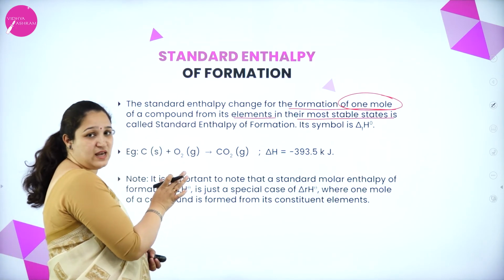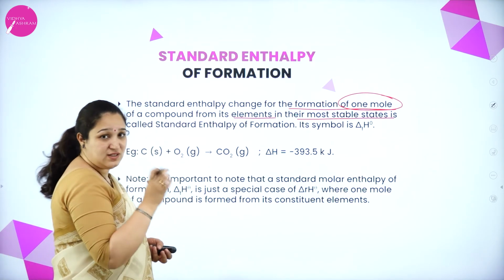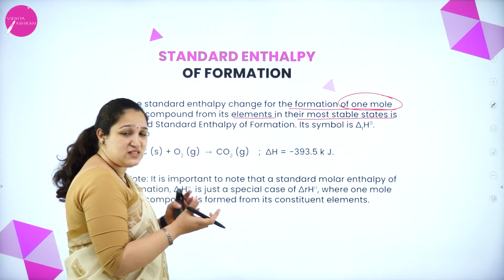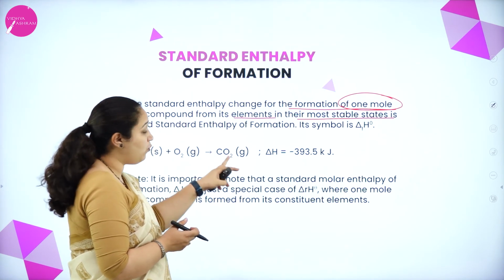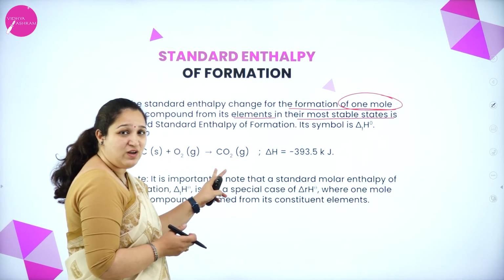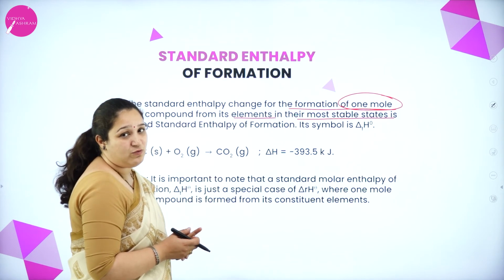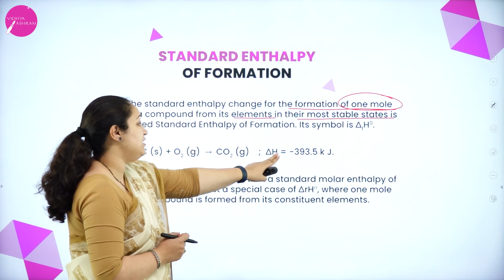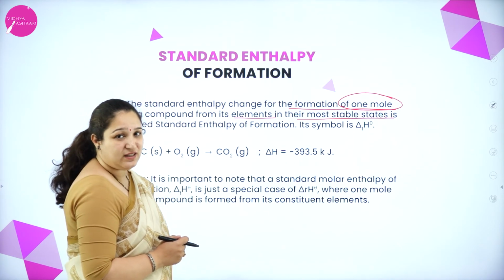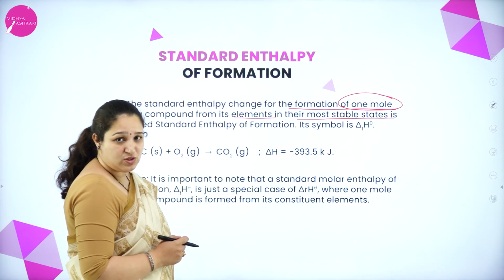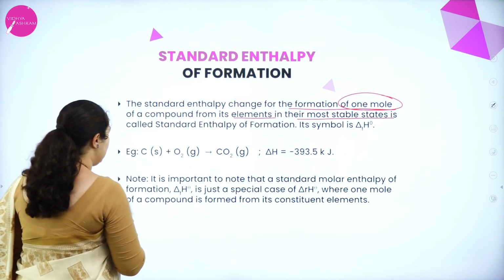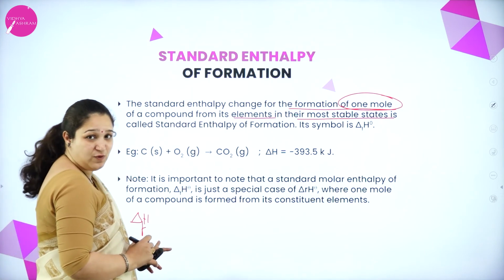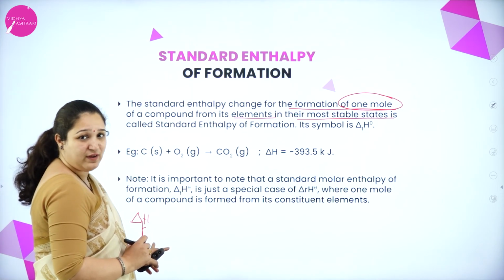Carbon in the stable state is a solid, and oxygen in the stable state is a gas. So from these stable states, they react with one another to form 1 mole of a compound. Then we call it the standard enthalpy of formation. Here we have delta H equal to minus 393.5 kilojoules. Or we can also write it as delta H with an F here. F means it is for formation.